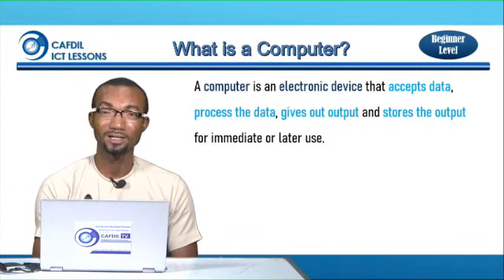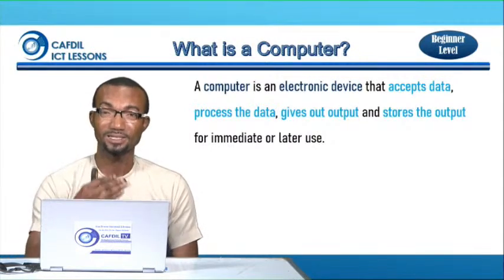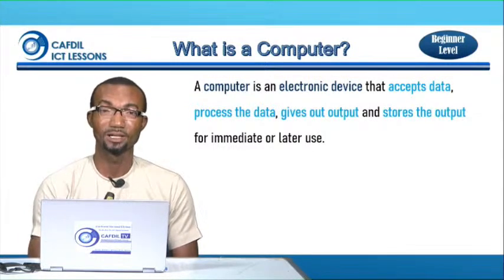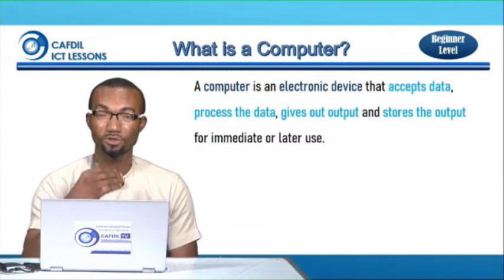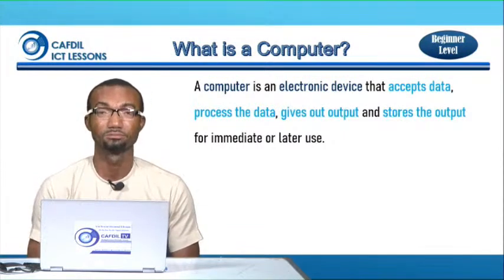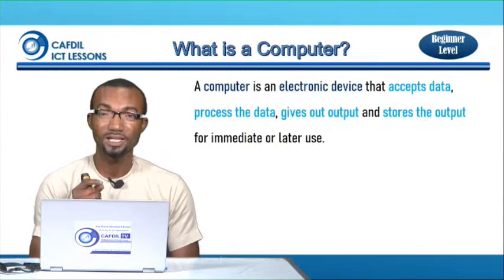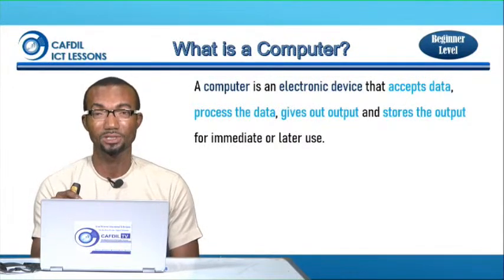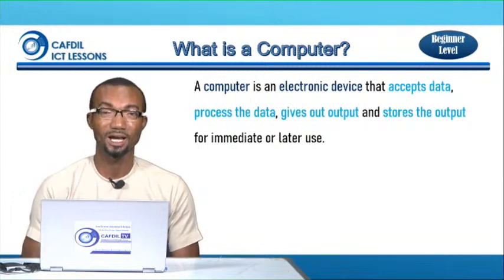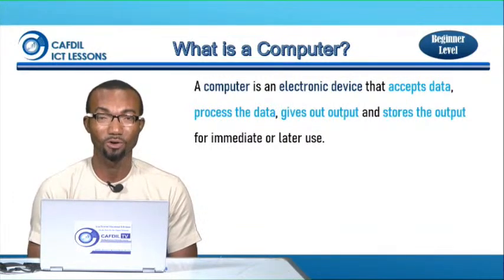When you are asked the functions of a computer, accepting data is a function. A computer processes the data, is a function. A computer gives out output, is a function. A computer stores the output, is a function.